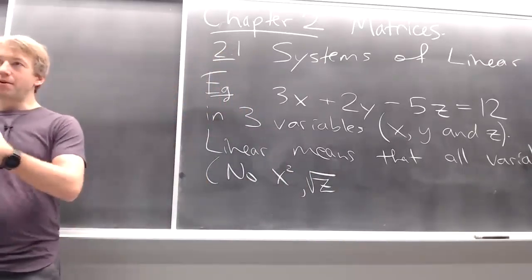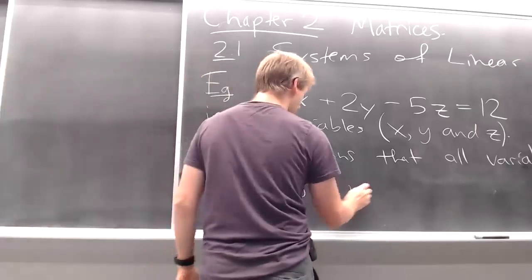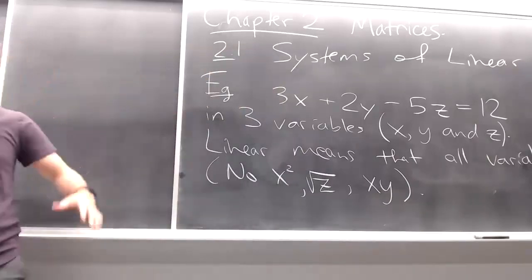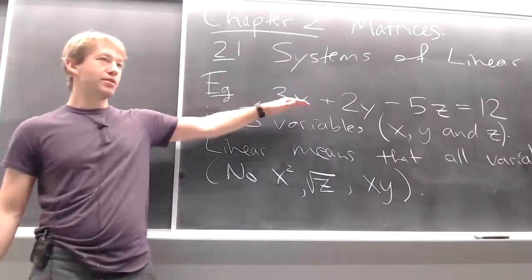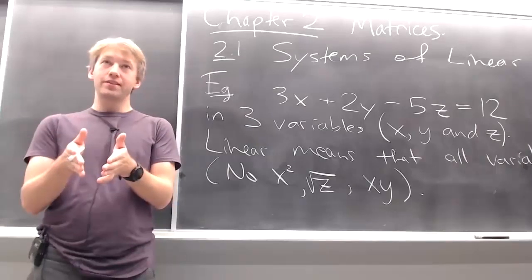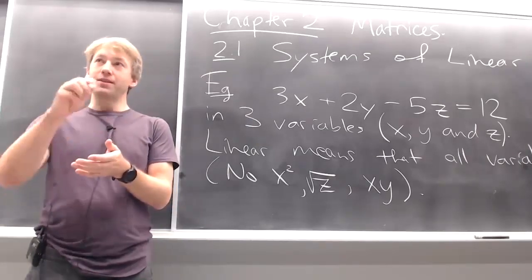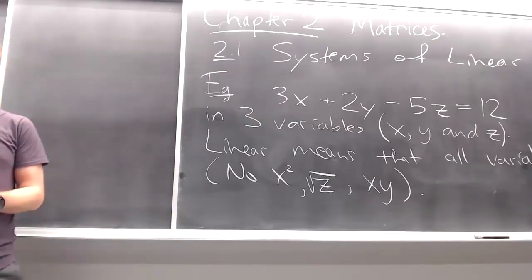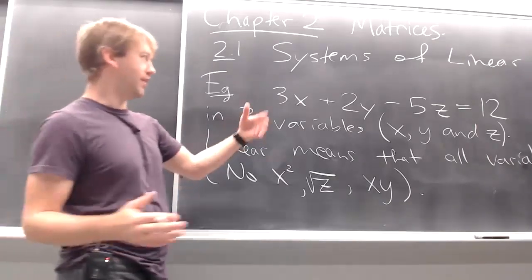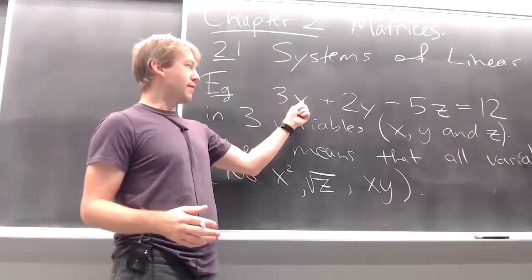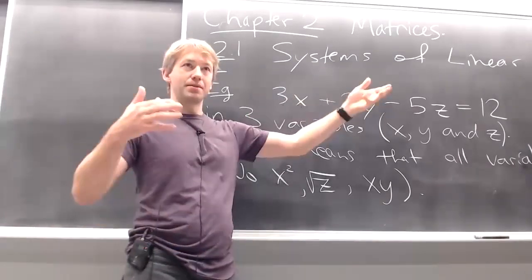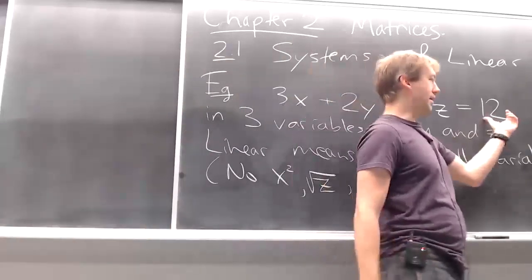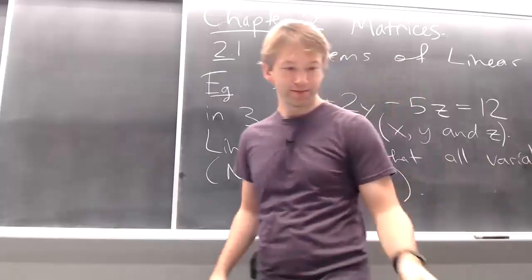Okay, and also your variables are not multiplying each other. So there's also no x times y or anything, right? You've just got simple variables with coefficients, and all the variables have exponent 1. And you're not multiplying variables by each other. Right, so just anything that looks like something times one variable, something times another, added up, and then equal to maybe some other number, right?